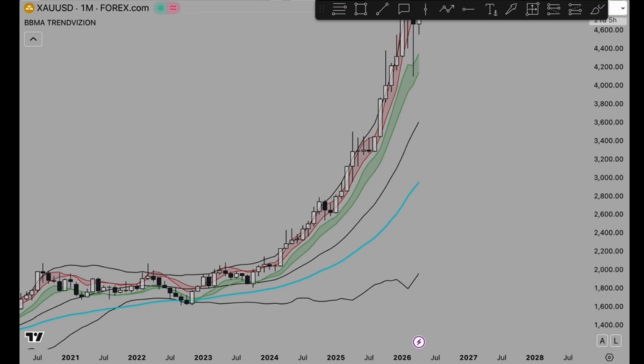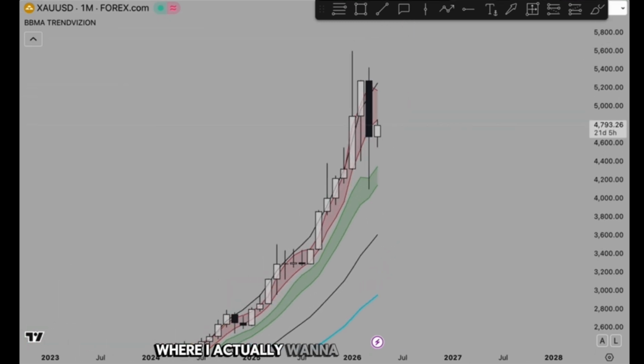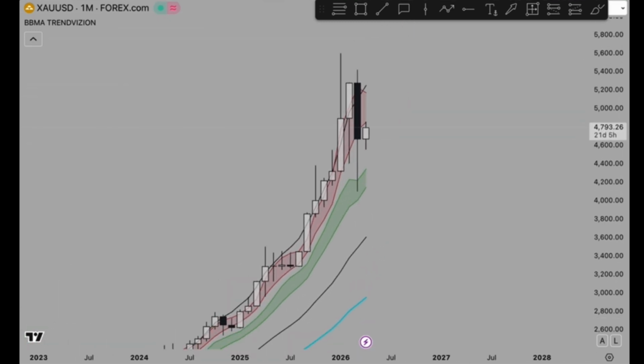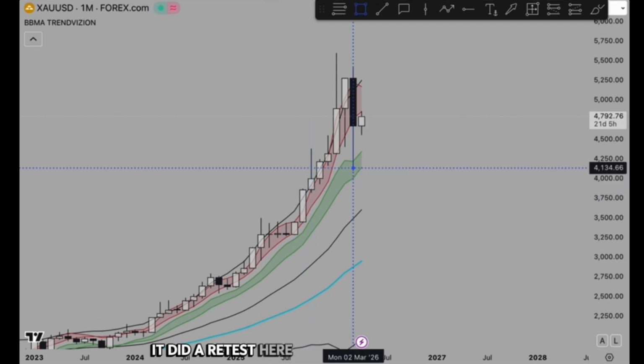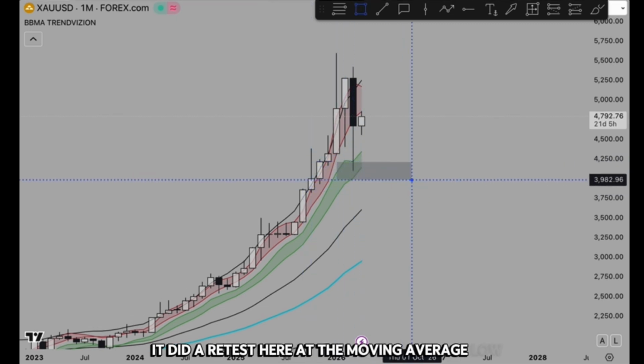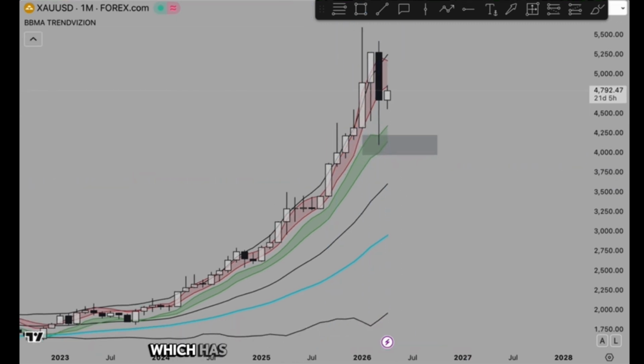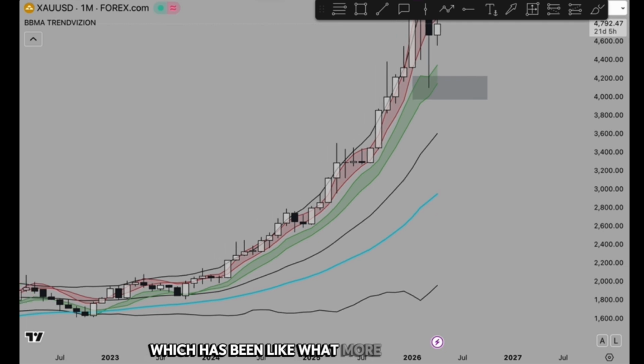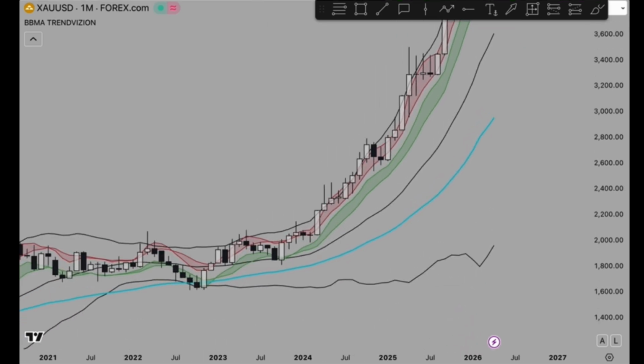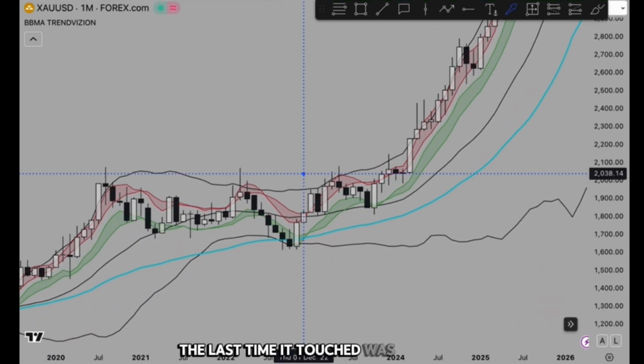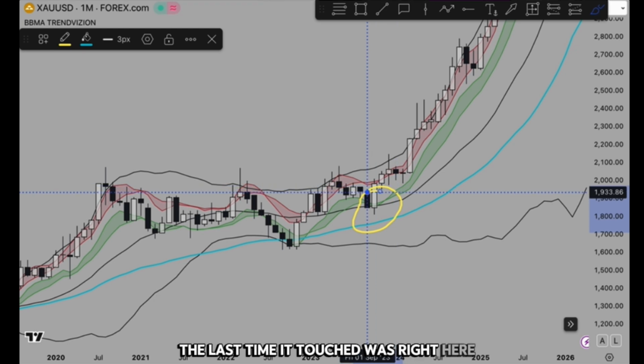But yeah, where I actually want to look at right now is it did a retest here at the moving average low, which has been more than 2 years. The last time it touched was right here.